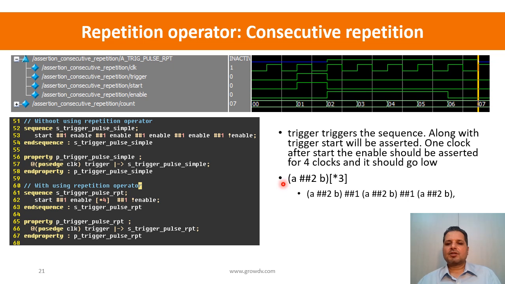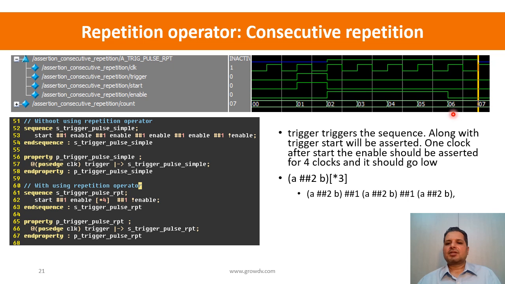This particular sequence means A gets asserted, and then 2 sampling events later B gets asserted. This type of sequence happening 3 times consecutively is when this particular sequence will get satisfied. So the repetition operator can also be used with a sequence.